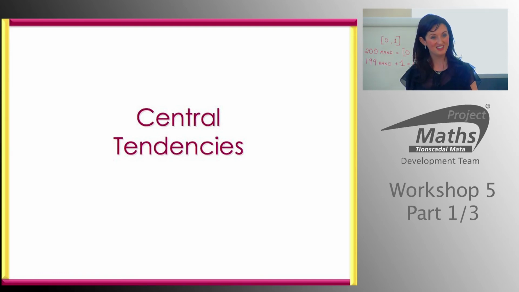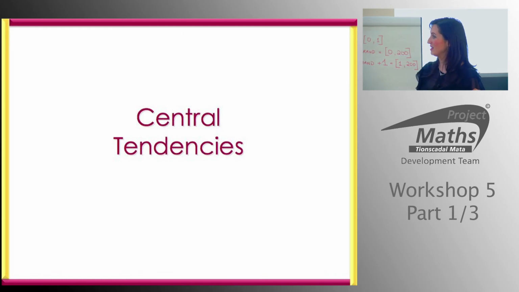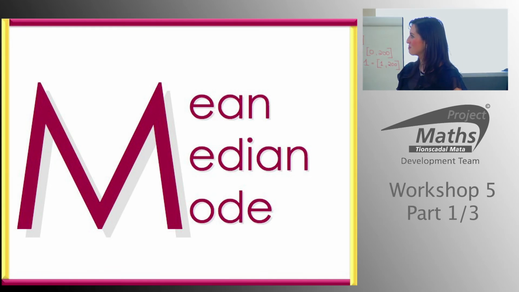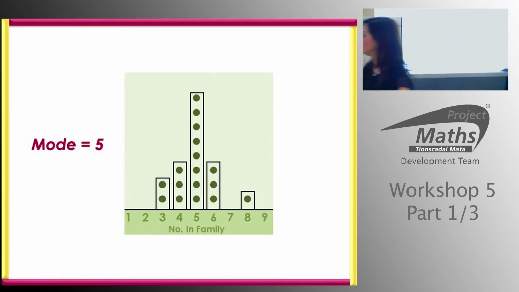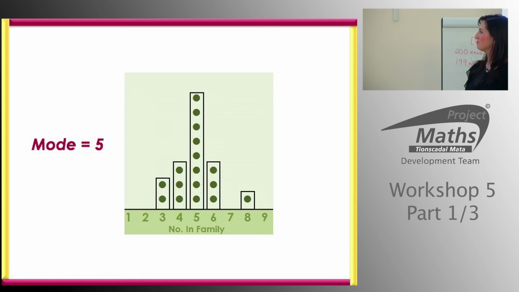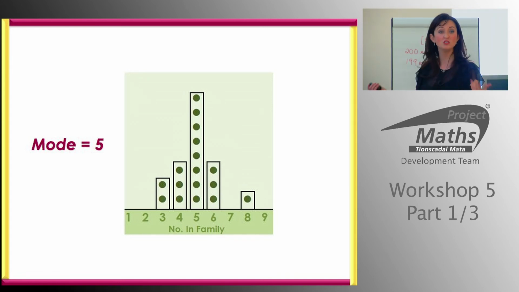Here we have a little distribution, where I can see that my mode is 5. And I like this diagram because it shows me very clearly that the dot plot and the bar chart are one and the same. So that's my mode, and the mode's the most frequent.